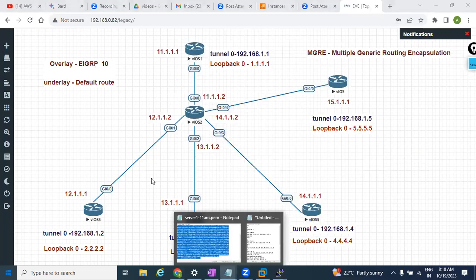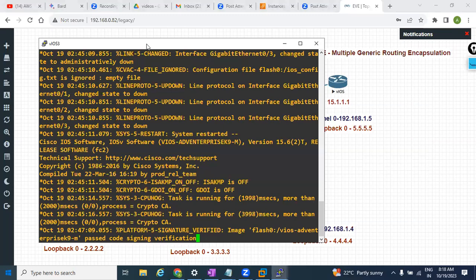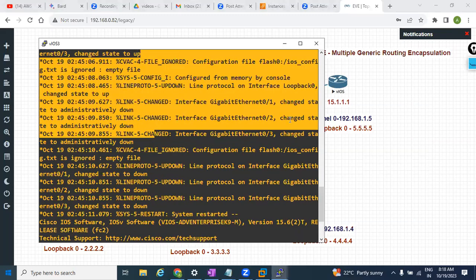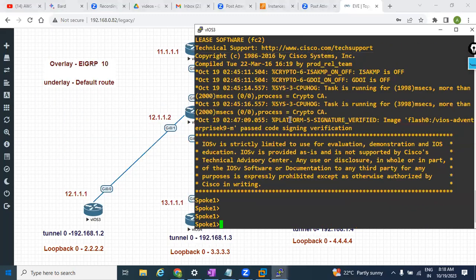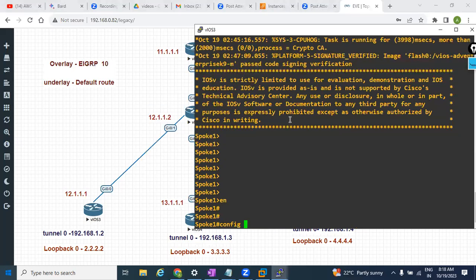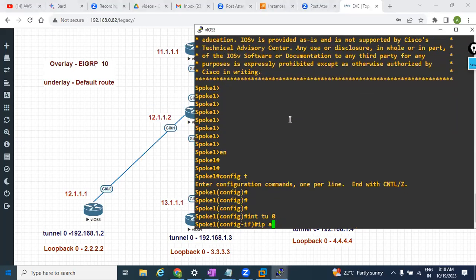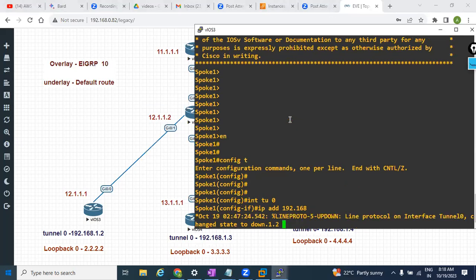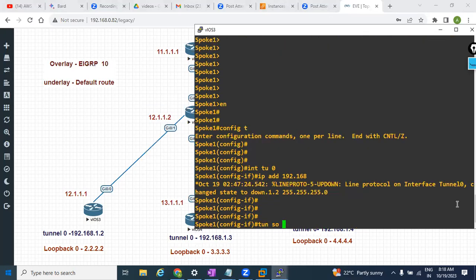Come back to the spoke one. This is the spoke one. Interface tunnel 0, IP address is 192.168.1.2/24. Tunnel source would be 12.1.1.1.